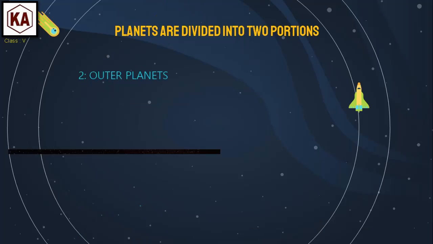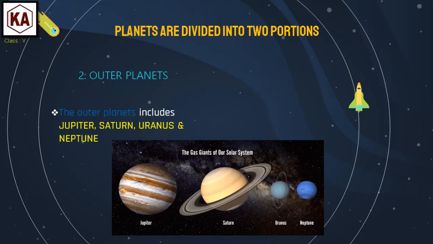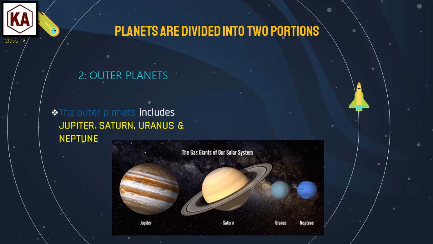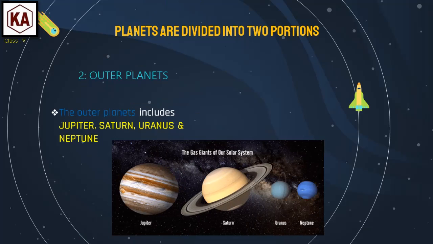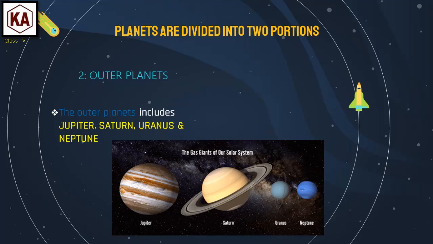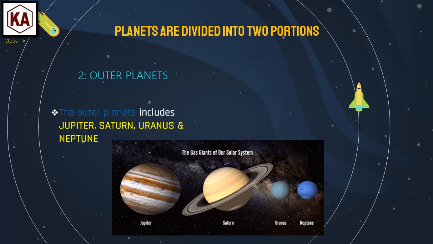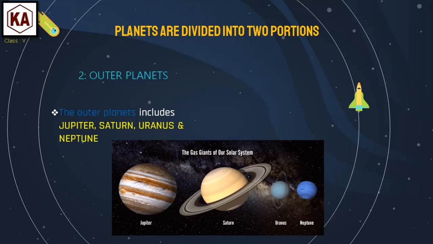The outer planets include Jupiter, Saturn, Uranus, and Neptune. These are the gaseous planets, or you can call them the gas giants. You can find these planets after the asteroid belt that is present between inner planets and outer planets. Okay?